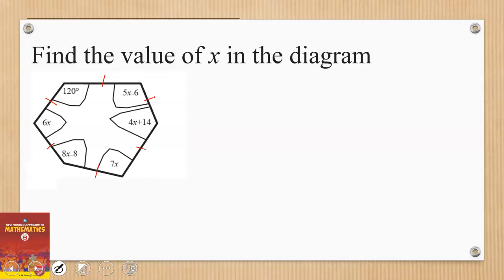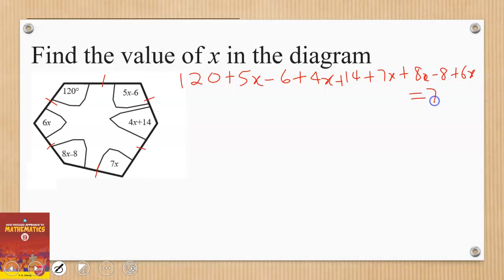And so we are going to add 120 plus 5x minus 6 plus 4x plus 14 plus 7x plus 8x minus 8 plus 6x. All should be equal to 720. So we are going to do simple arithmetic here.